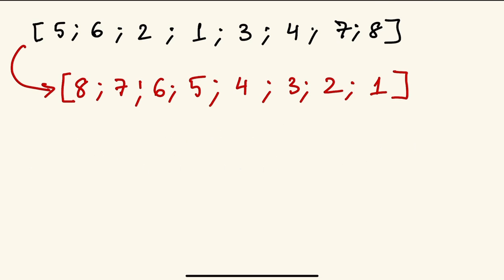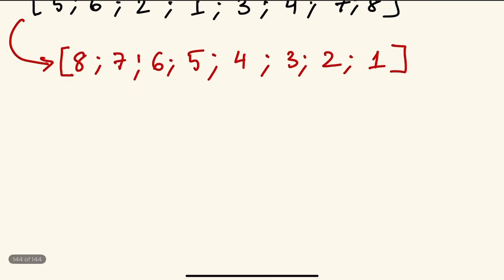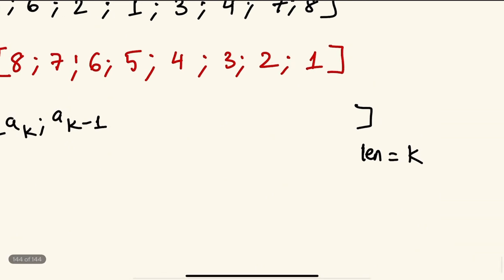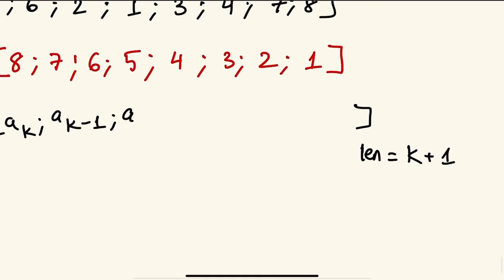So let's assume that we have an array of k elements, right? So length equal to k, and this one is ak, ak minus 1. Oh wait, so k plus 1 is the correct one. So then ak minus 2, blah blah, then a0.